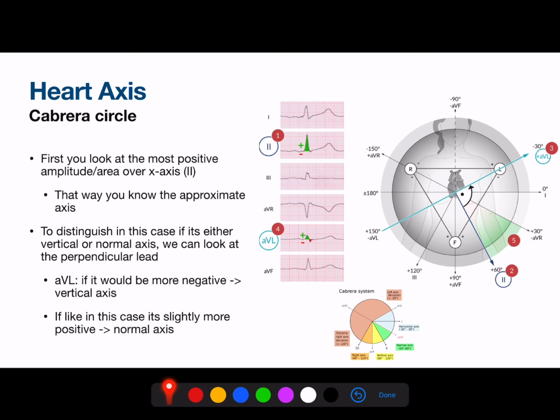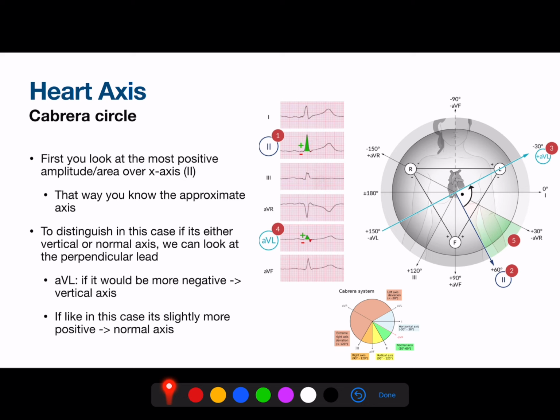We can use the Cabrera cycle to find out the axis of the heart. And there we have to look at all the leads: 1, 2, 3, AVR, AVL, AVF. And here we have to find the lead with the highest amplitude, which in this case is lead 2.